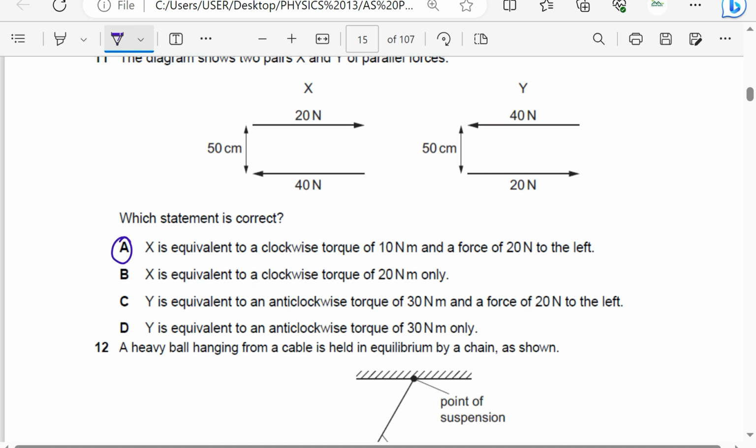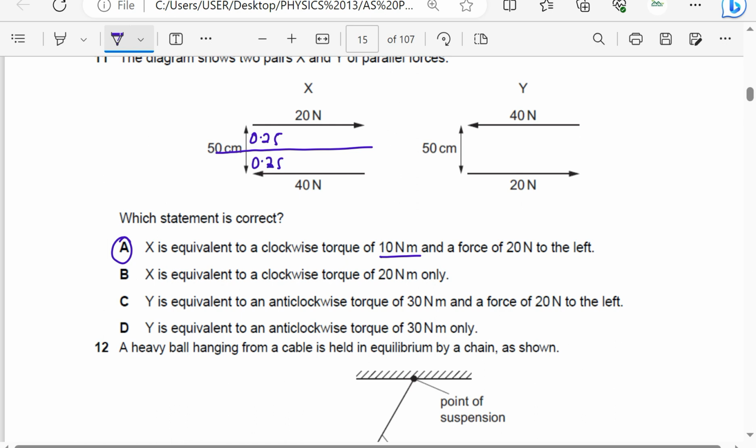If you remember from part 2, you can check in part 2 if you are new to this YouTube channel. The answer was A, where we said the moment, if we divide this by 2, this was 25 and 25, that was 0.25 in meters.